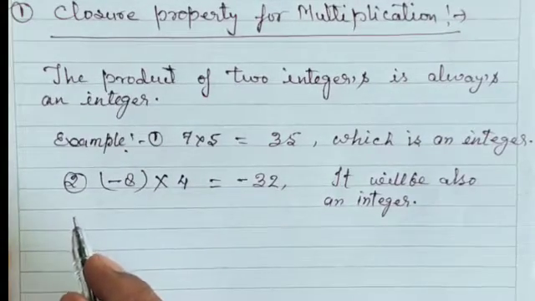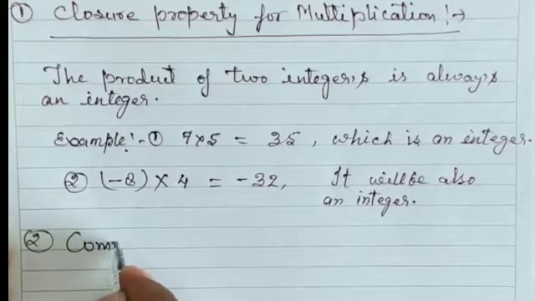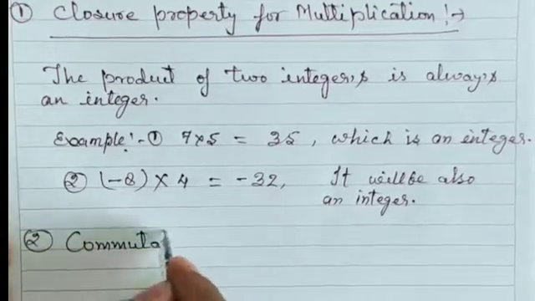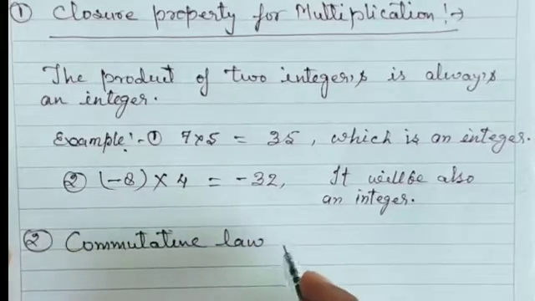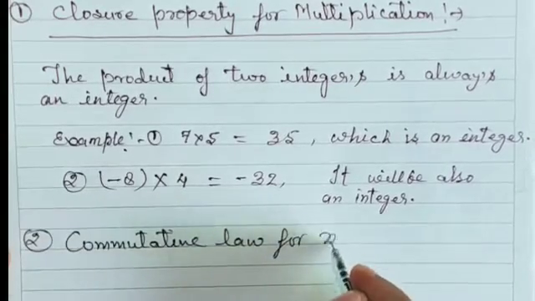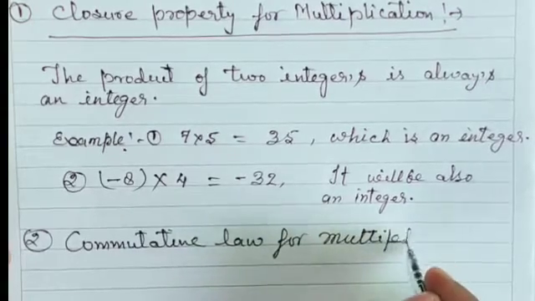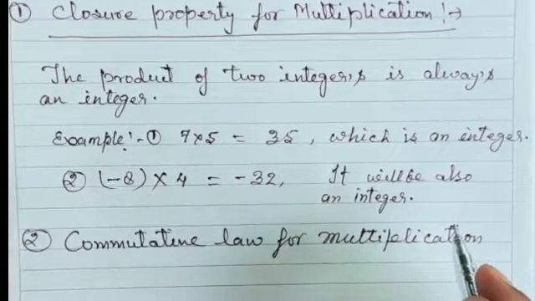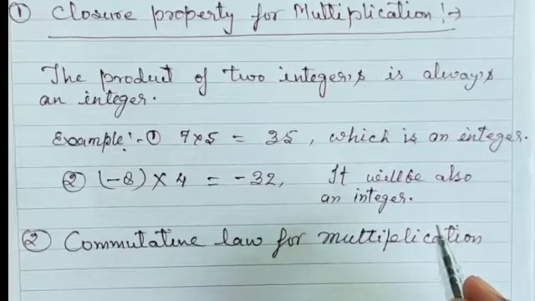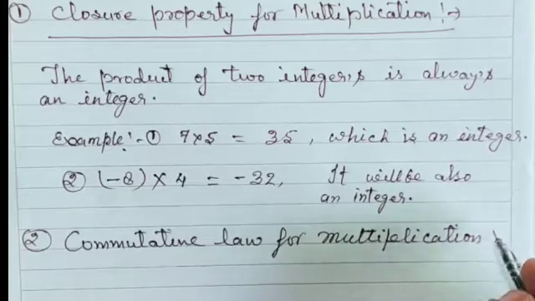The next property is the commutative law for multiplication. These all properties are related to the multiplication of integers. Okay, remember that one thing.